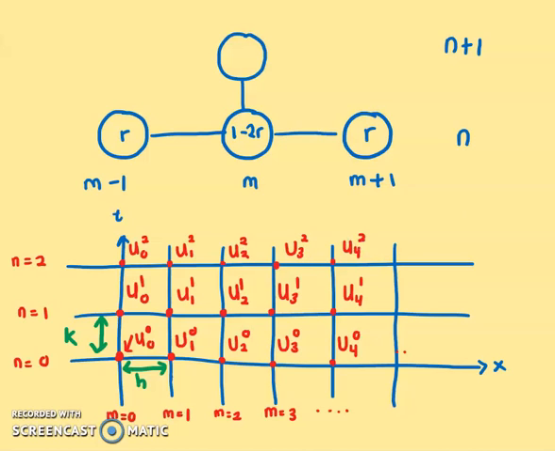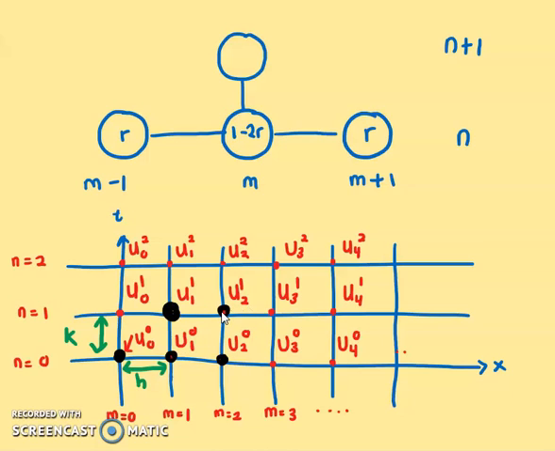Now when I say what this computational molecule means, let's say we want to find this value here. To find this value, we need this, so we need this. The combination of this will give me u11.